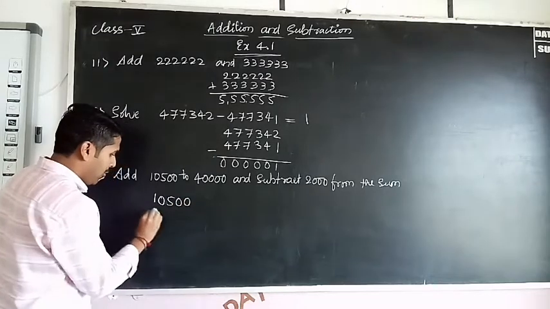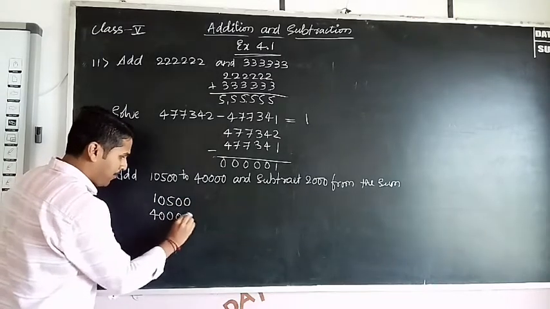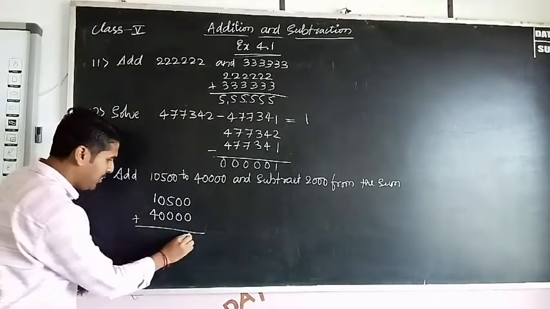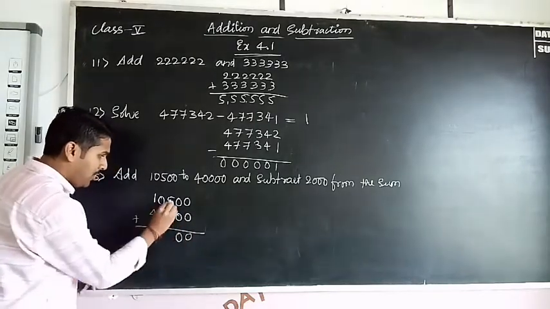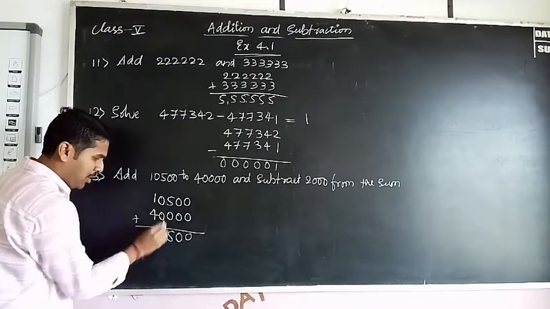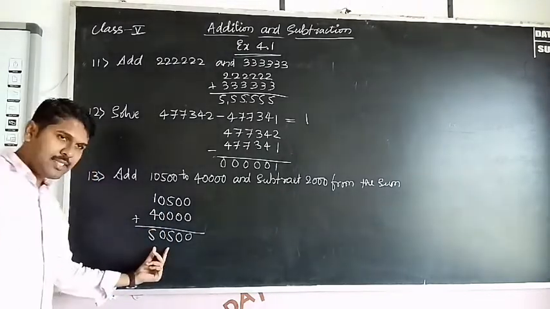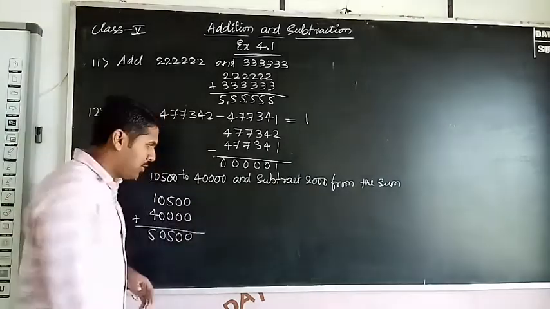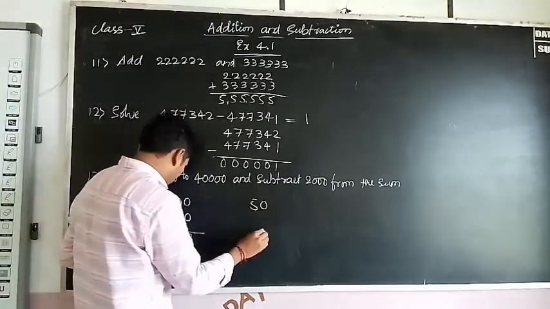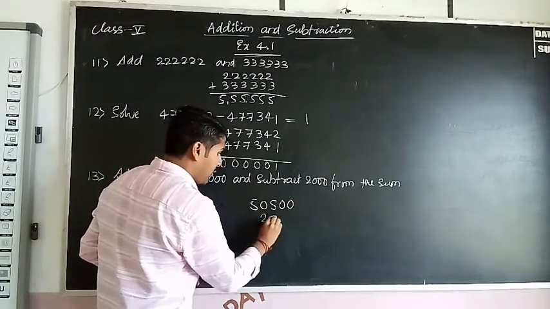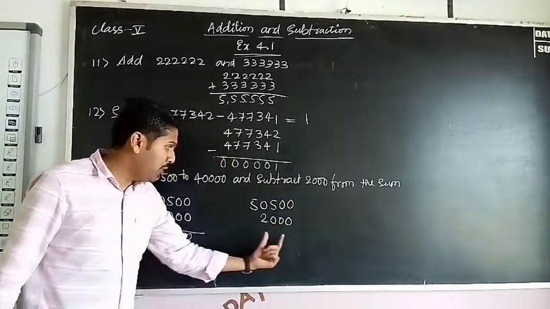10,500, 40,000. So add 0 plus 0, 0. Again 0, 5 plus 0, 5, 0 plus 0, 0, 4 plus 1, 5. So in this sum, you should subtract 2,000. What will be the answer? 50,500 minus 2,000. Here only 4 digits are there.